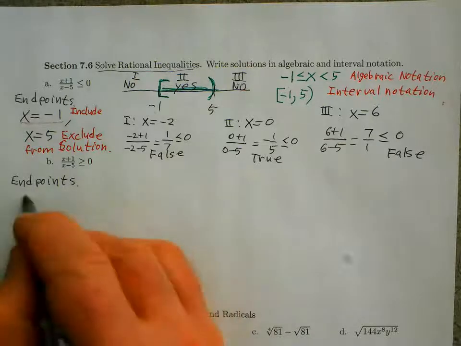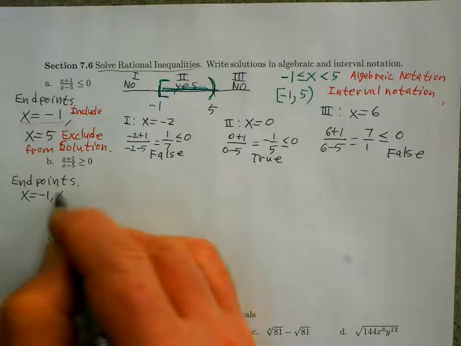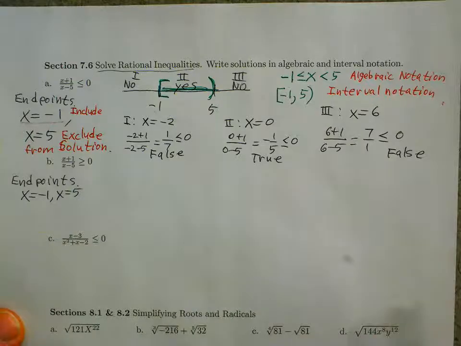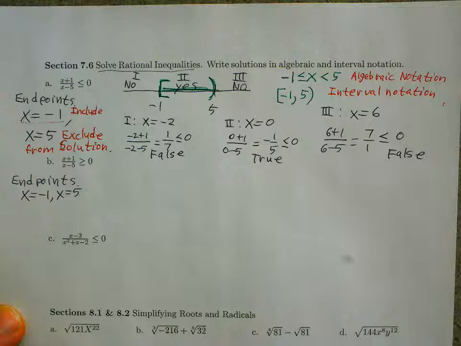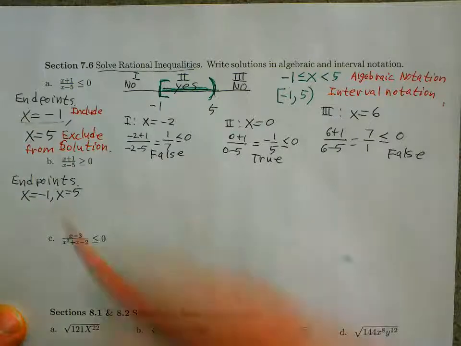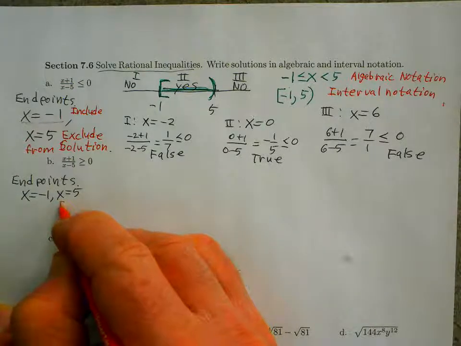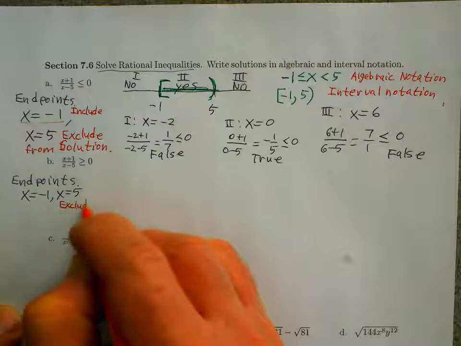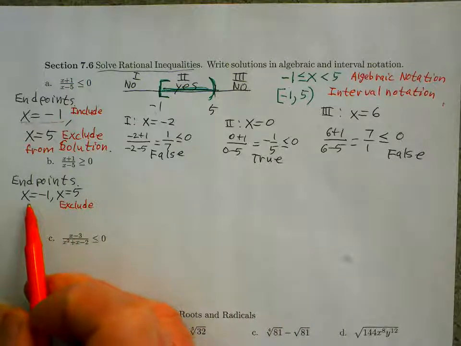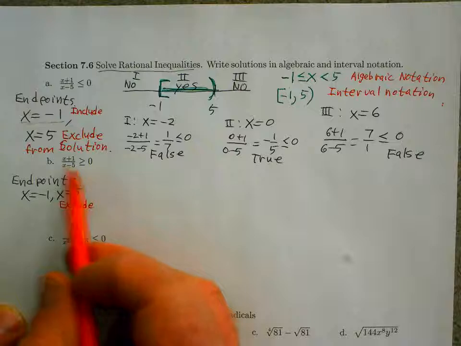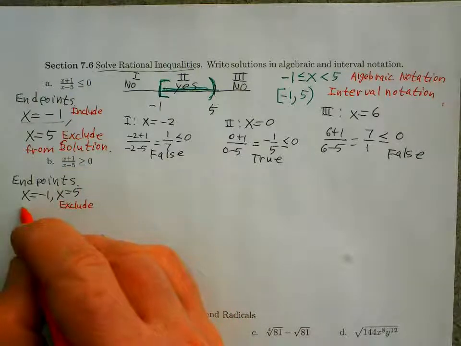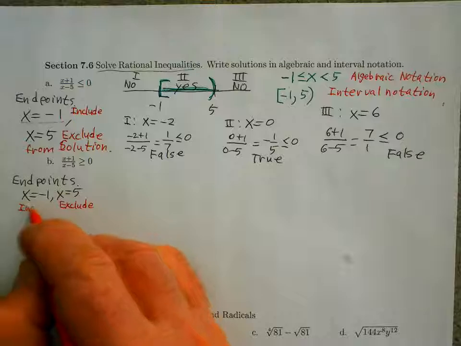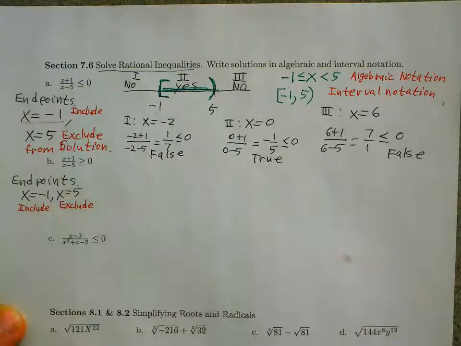The endpoints are -1 and +5. We're still excluding 5 because it's the x value that makes the denominator 0. And we're still including -1 because 0 greater than or equal to 0 is true. So we include -1.